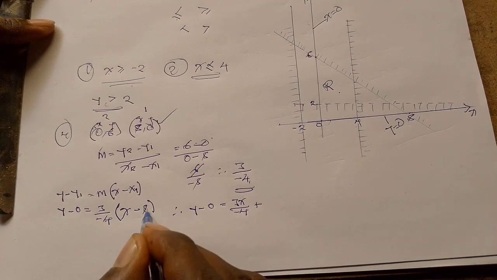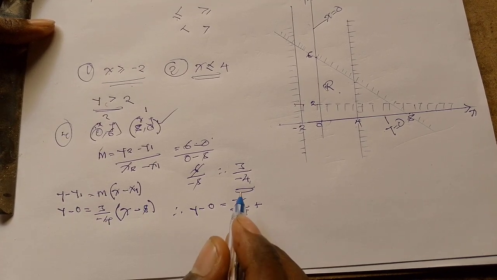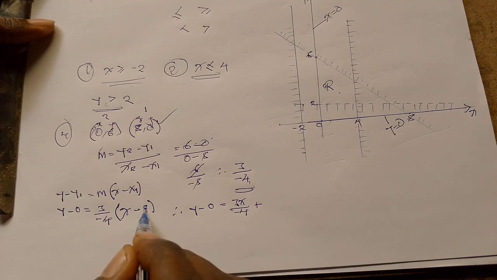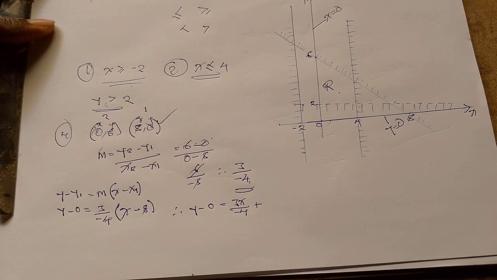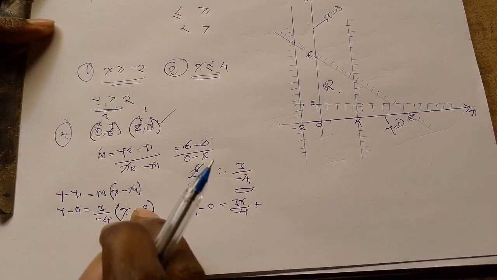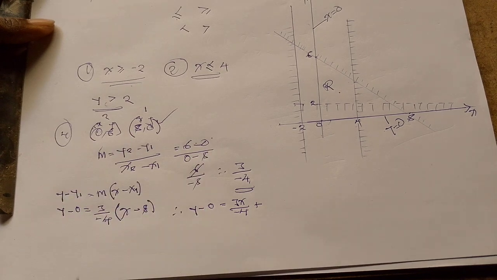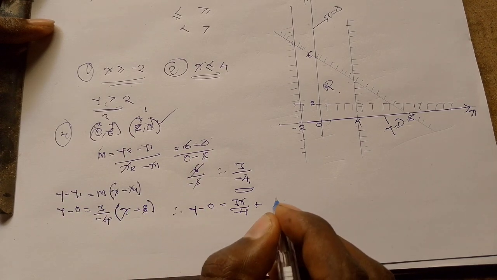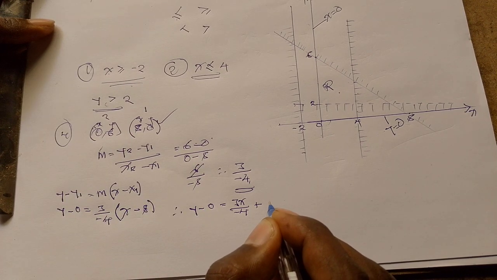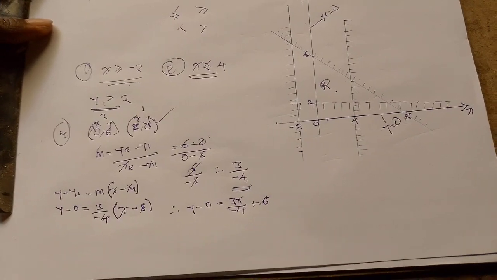Then 4 into 8 will give us 2, so 2 times 3 we are going to get 6.